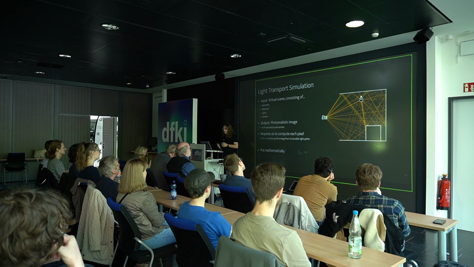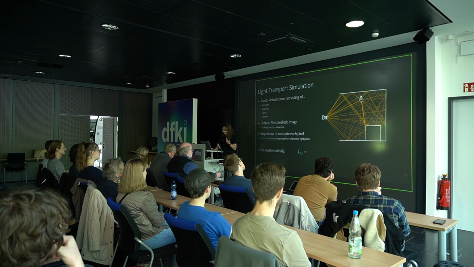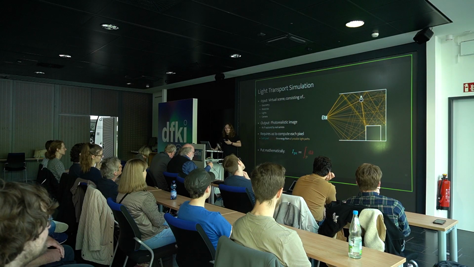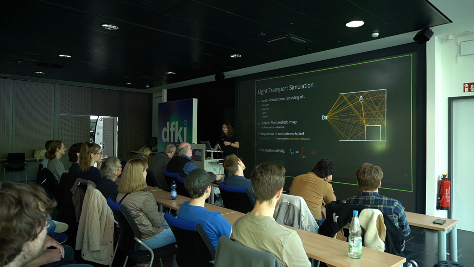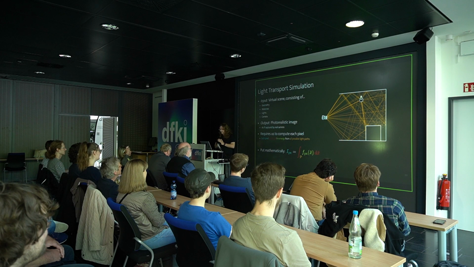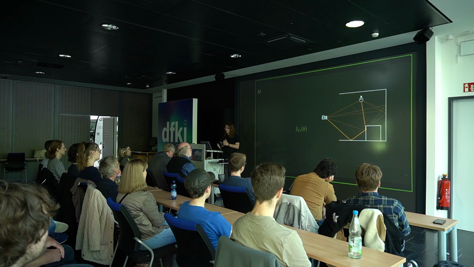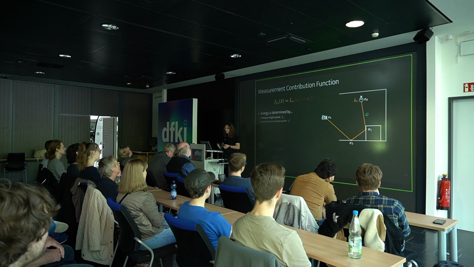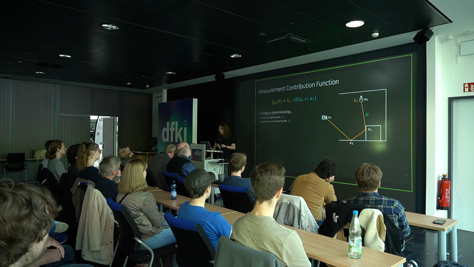Put mathematically, we can compute each pixel I_p as an integral, where the domain of integration is the set of all light paths, and the integrand is the measurement function f that takes a given path x-bar and tells us how much light it carries to our camera. This measurement function is a product of multiple terms, such as the amount of light emitted by the light source, then how much of that light arrives at the next vertex of our path, the so-called geometry term that, for example, takes care of the inverse square law.